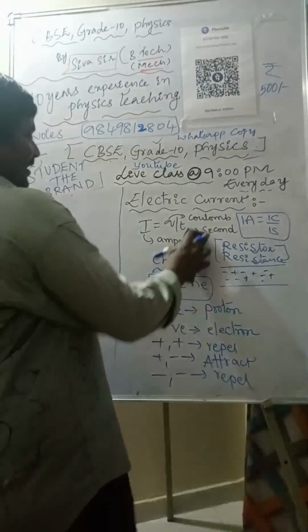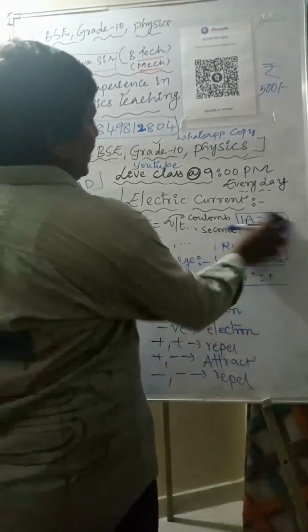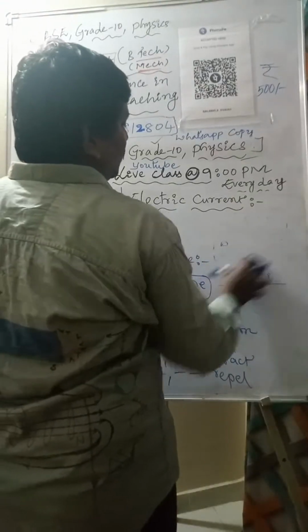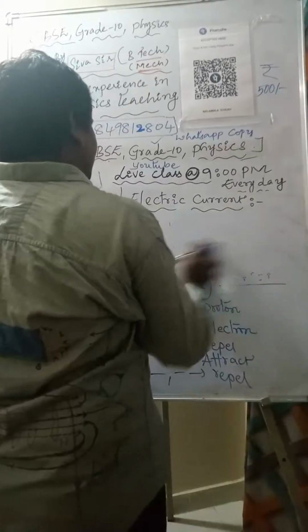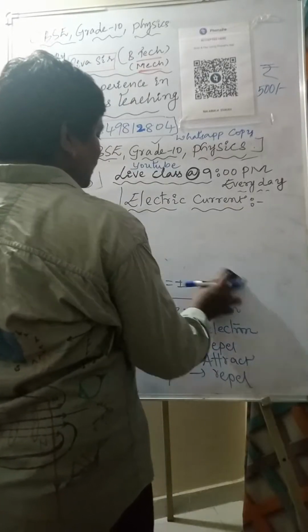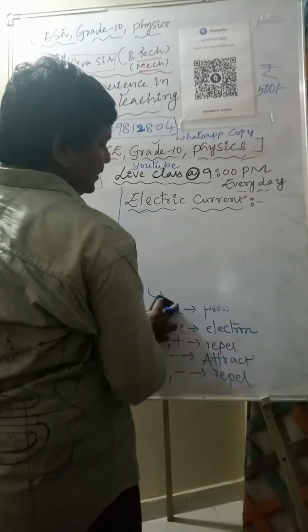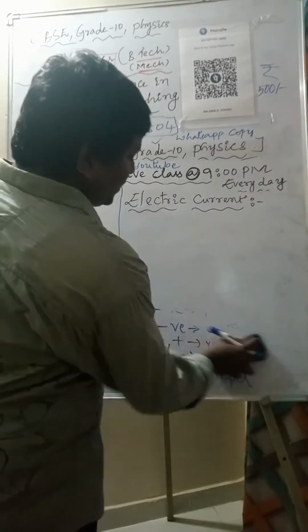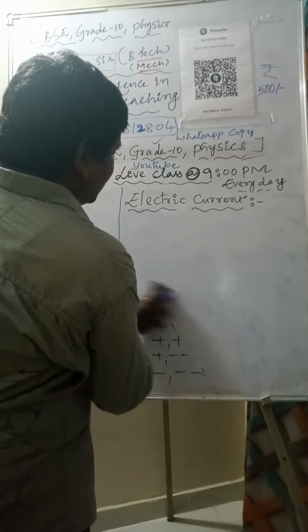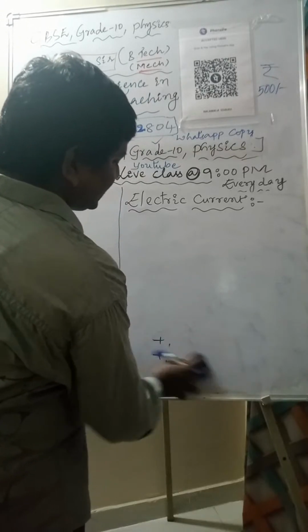So next one, based on this only I am going to explain, that is I equal to Q by T. Here you can see, I am considering like this. Based on that, problems they will ask.